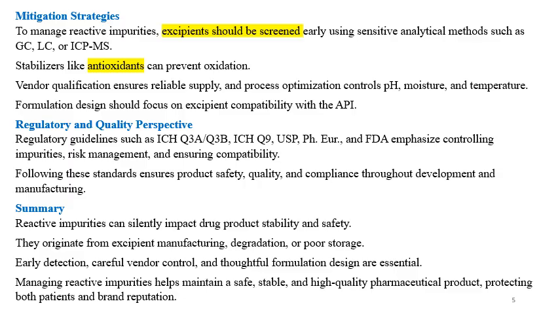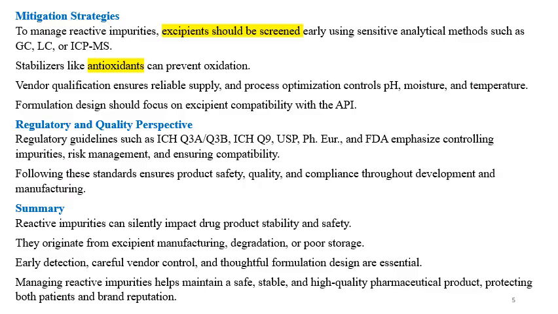Reactive impurities can silently impact drug product stability and safety because we don't know how these impurities will affect the formulation, how they will affect the API stability and form the impurities.